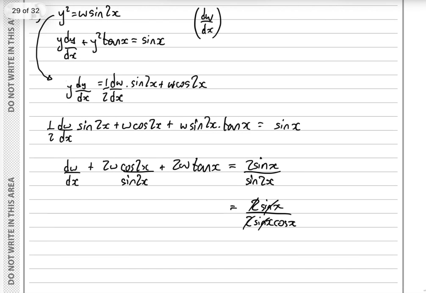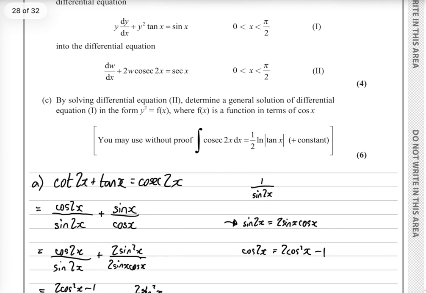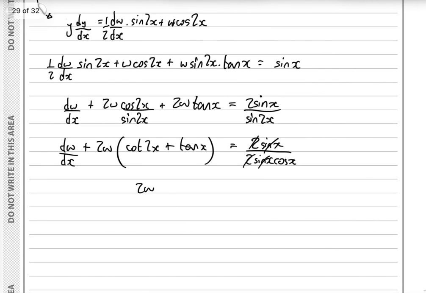And over here, turn this into a bracket, and the cos 2x over sine 2x becomes cot 2x plus tan x, and then we get to use the thing we did in part A. So cot 2x plus tan x is equal to cosec 2x. So this becomes 2w cosec 2x.